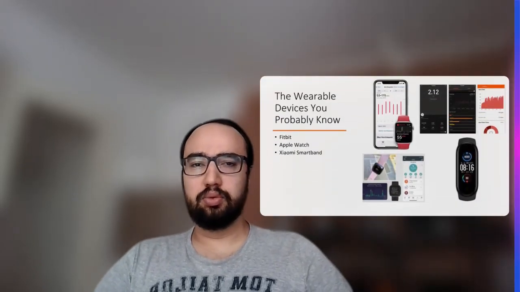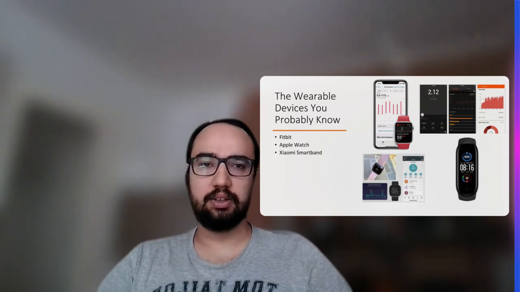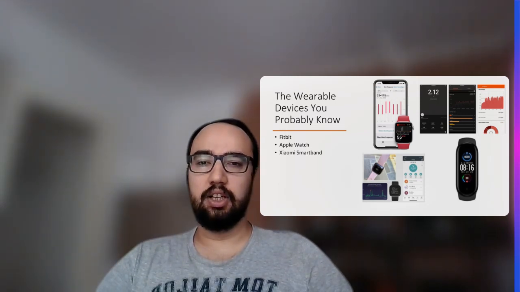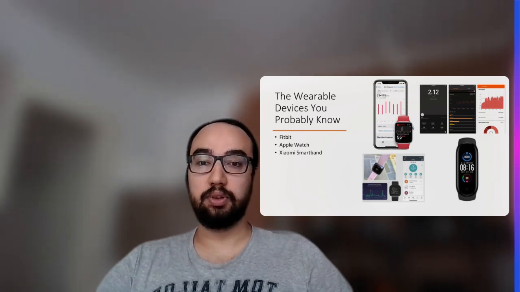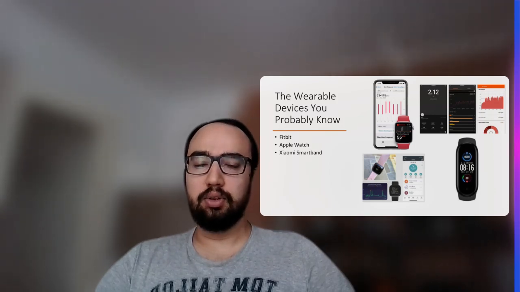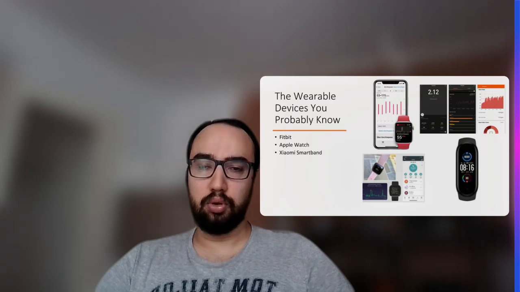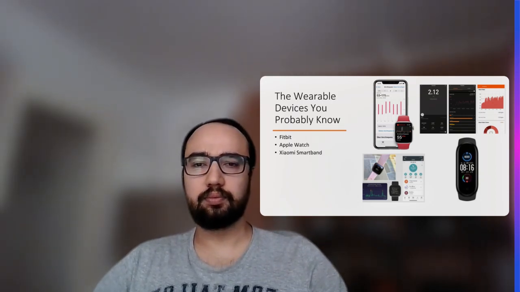The wearable devices you probably know are Fitbit, Apple Watch, and Xiaomi Smart Band. Actually, they come with mobile apps where they visualize your data and provide some insights by processing your data. And actually, they motivate you to do more sports and live a healthier life.